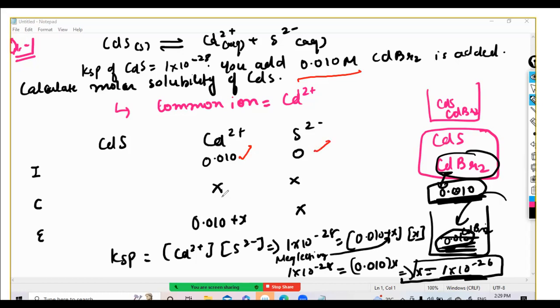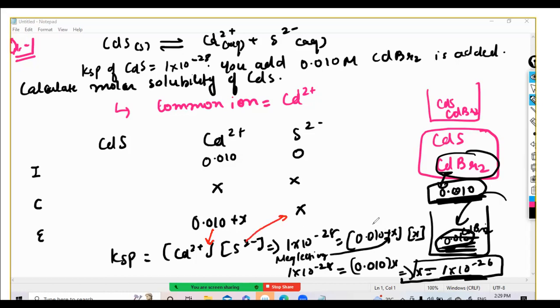Now, what is happening here? Let's say X got formed during the change. Now you will find the concentration at equilibrium: you add 0.010 plus X on this side and X on the other side. So you have your concentration values for Cd2+ and sulfide.